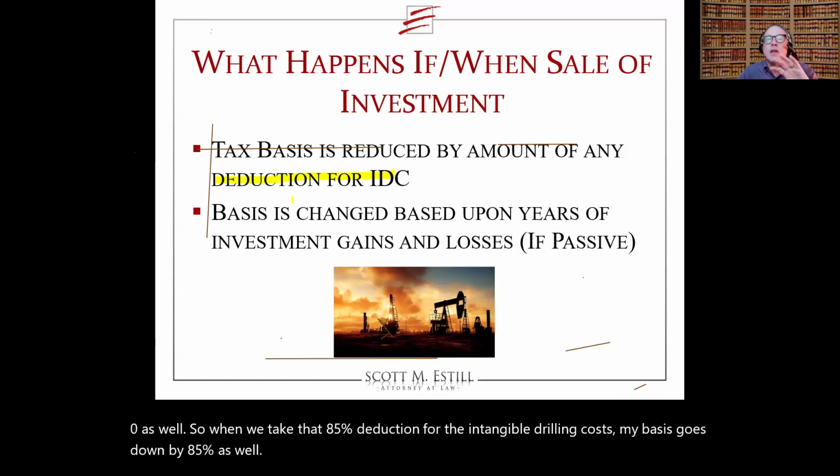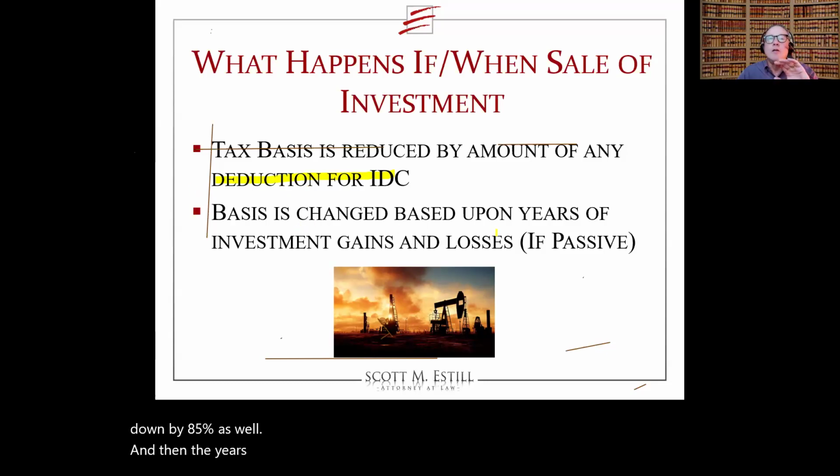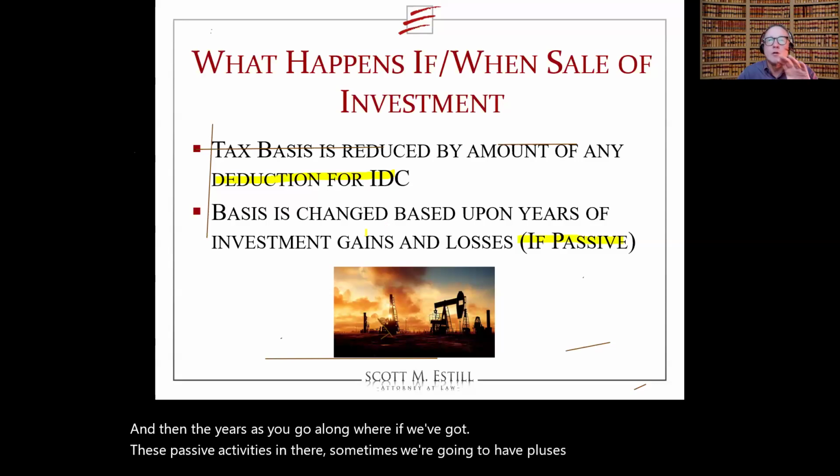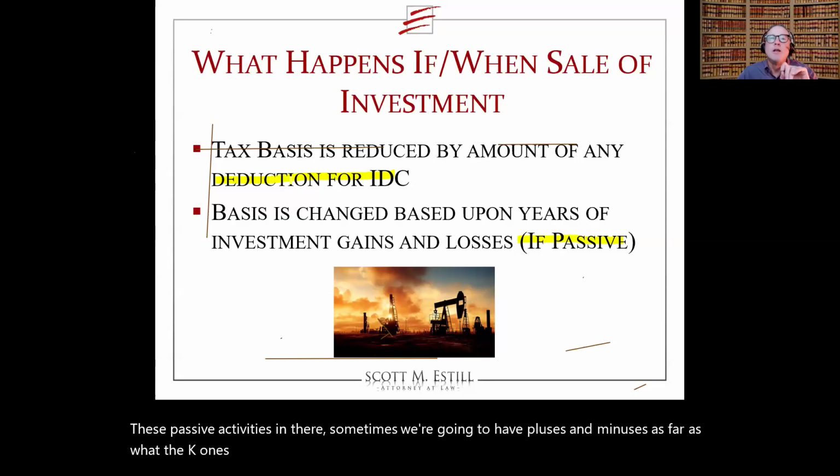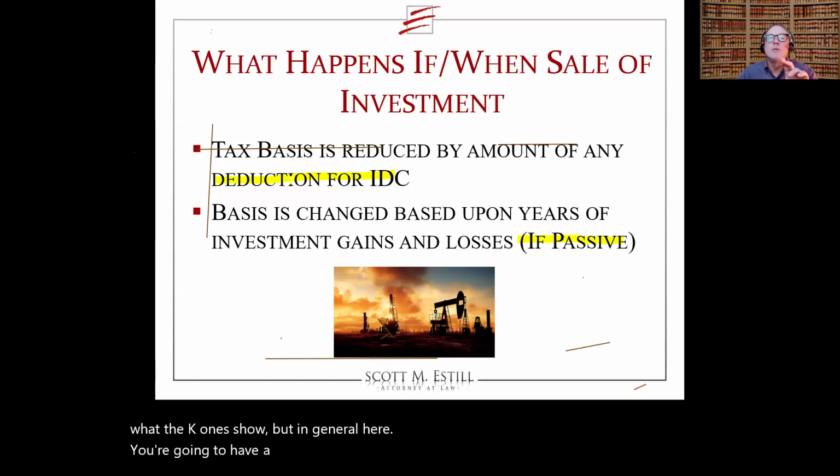And then the years as you go along, where if we've got these passive activities in there, sometimes we're going to have pluses and minuses as far as what the K1s show. But in general here, you're going to have a very low basis compared to what your original investment was.